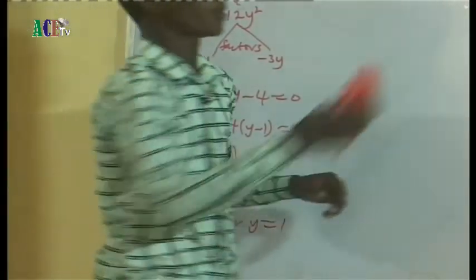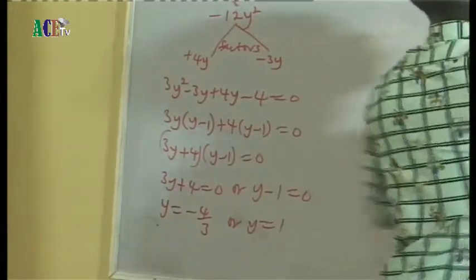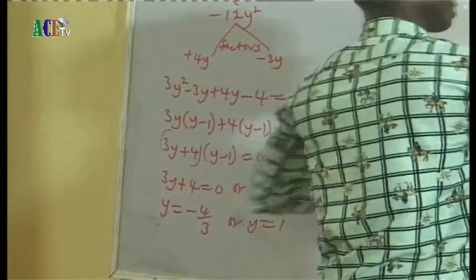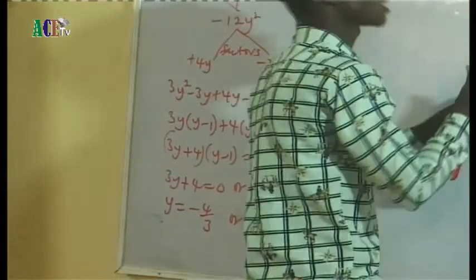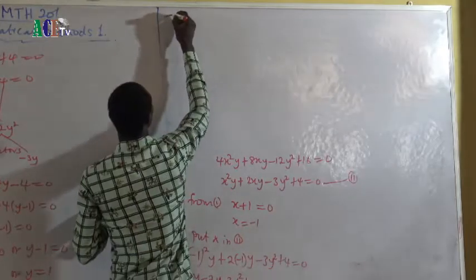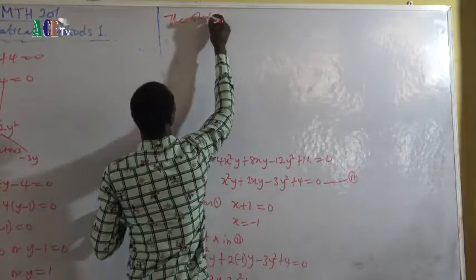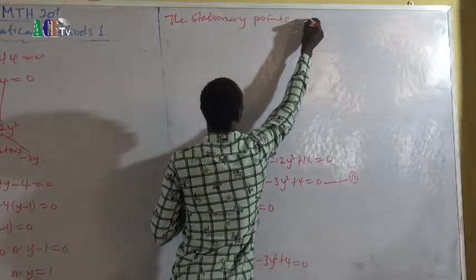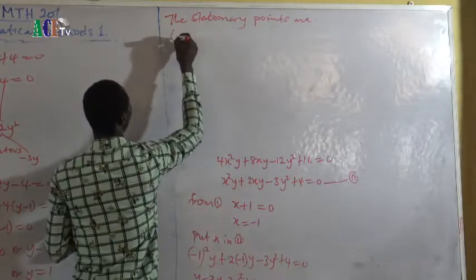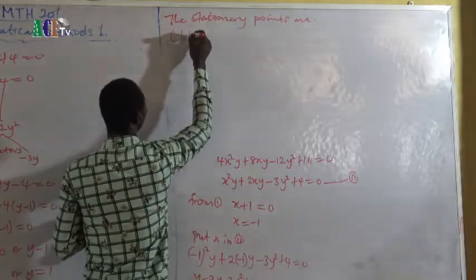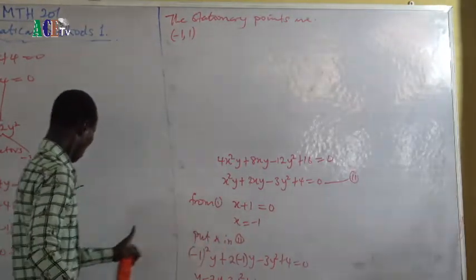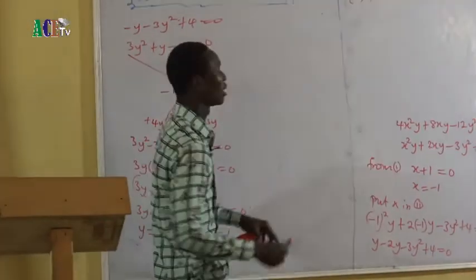The stationary points are (-1, 1). That is, when my x is -1, my y can be equal to 1.